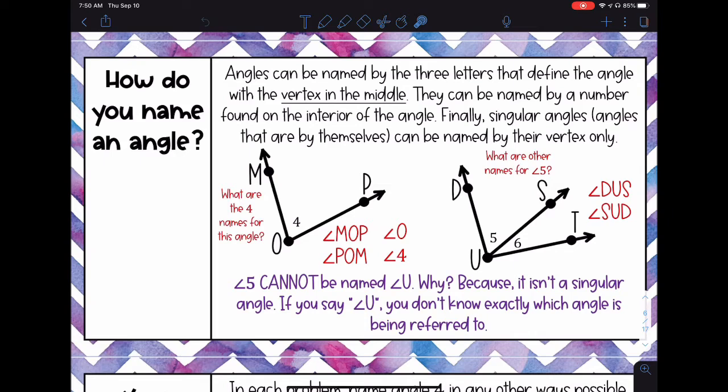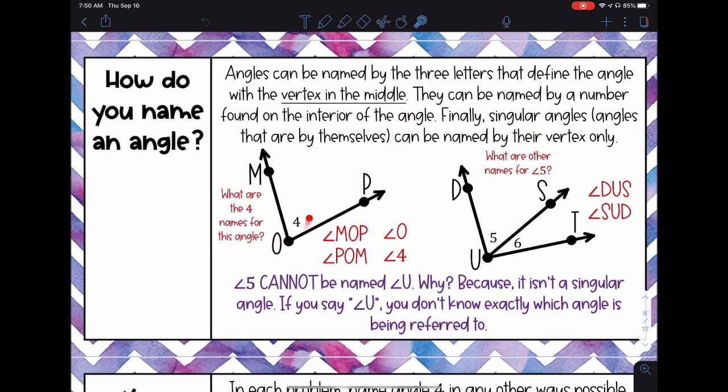This just talks about naming angles. You can name angles both ways. For example, if we're looking right here at this one, it would be called angle MOP or POM.